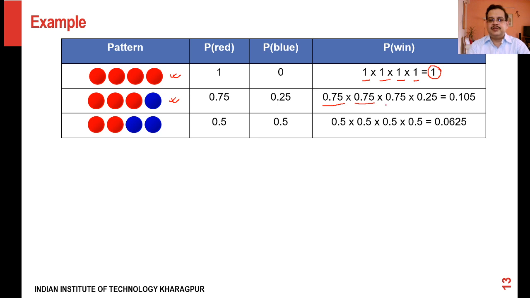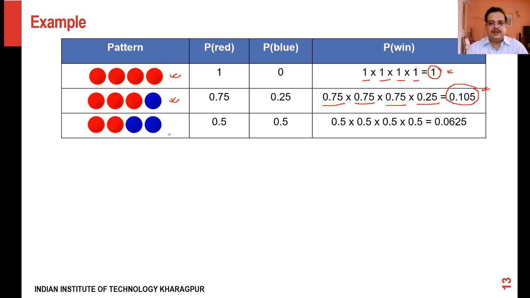Similarly, the probability that the third ball is red is 0.75, but the probability that the fourth ball is blue is 0.25 because there is only 1 out of 4 balls which is blue. Now if I take the product of this, then the probability that I will get exactly this sequence is 0.105, and then you see that compared to this and this, now my probability of winning has become significantly lesser. Here I was winning with a probability of 1, here I am winning with a probability of 0.1.